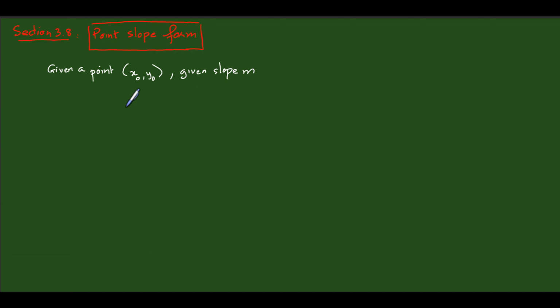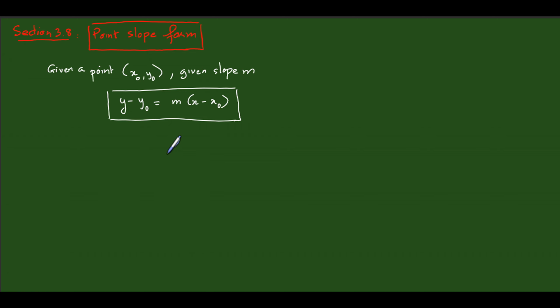If we have a point and a slope m, which is the rate of change, then the point-slope form of a linear equation will be y minus y0 equals m times (x minus x0). Okay, so I'm going to box this. So this is the formula to write an equation in point-slope form.